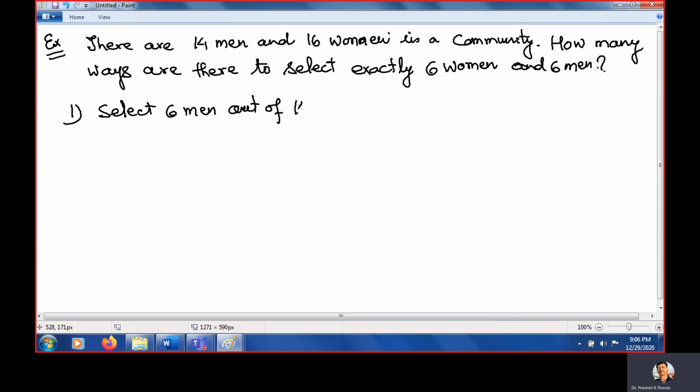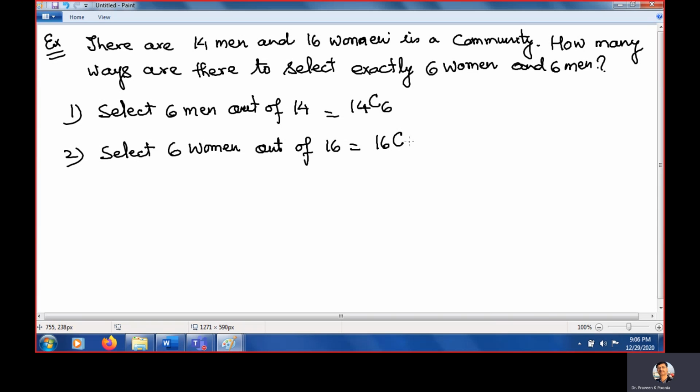out of 14 is equal to 14C6, because there are 14 total and we need to select 6, so it is 14C6. Number 2, select how many women? 6 women out of 16 is equal to 16C6.